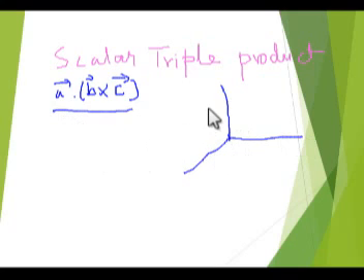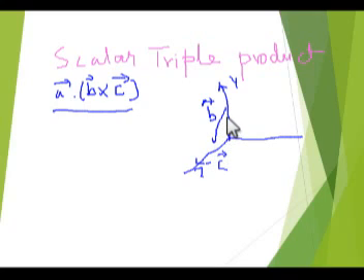Take B vector in the direction of the y-axis, and C vector in the direction of the z-axis. So what will be B cross C?